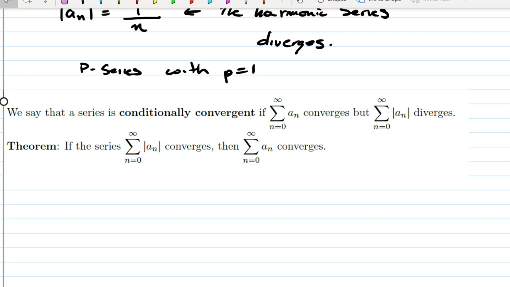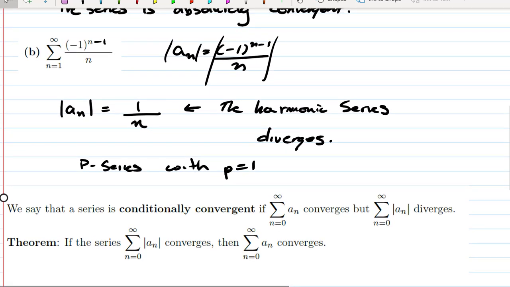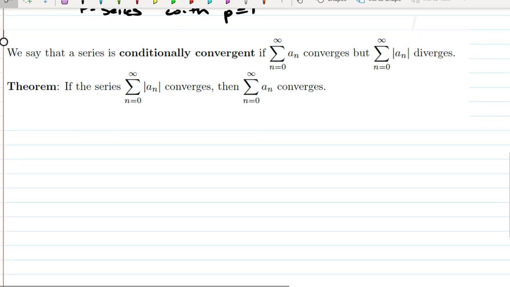And then we have a theorem: if the series of the absolute values converges, then the original series must converge. So in the previous example, B, that is an example of a conditionally convergent series because it's the alternating harmonic series, and the alternating harmonic series indeed does converge.